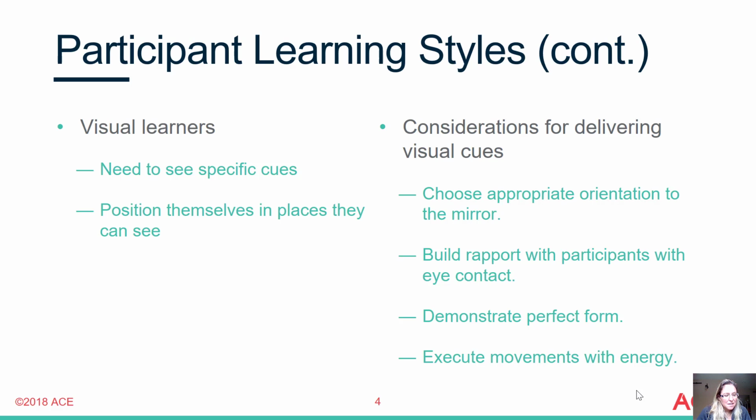We can see the front, they can see the front of the group fitness instructor more clearly because you're facing them. The disadvantage of this would be that you, the group fitness instructor, has to practice mirroring cues. So that might be a little difficult, especially for those folks who are newer to leading group exercise.